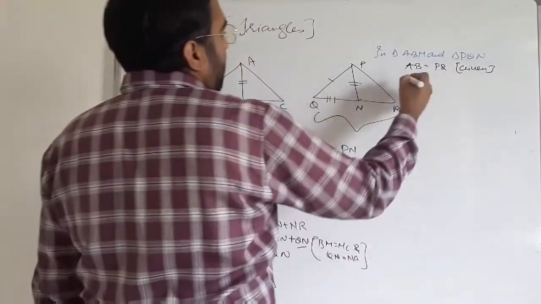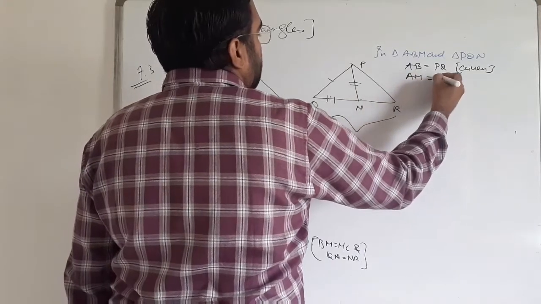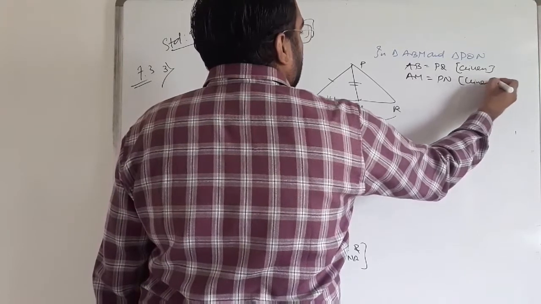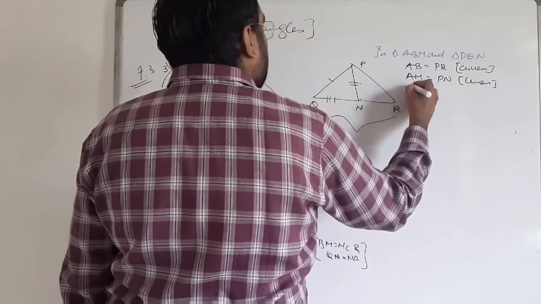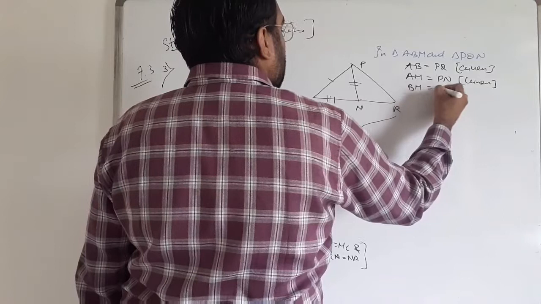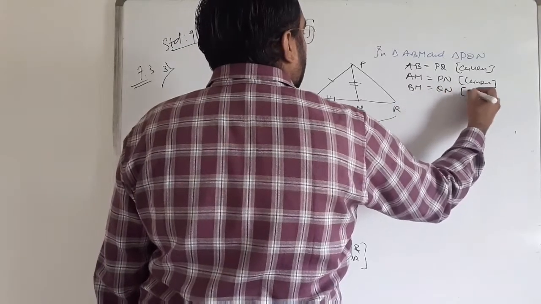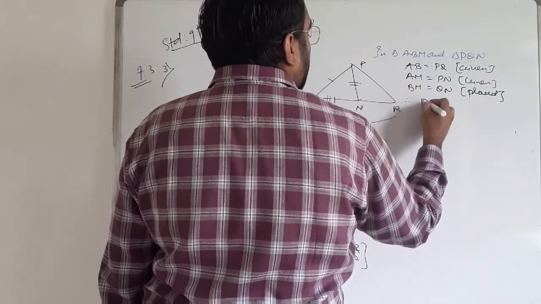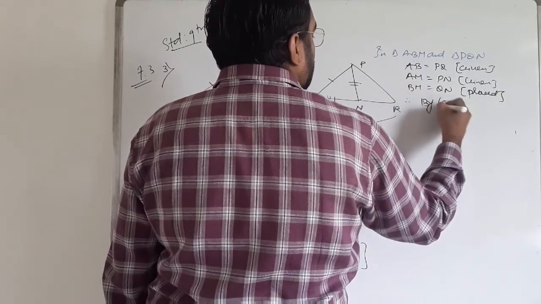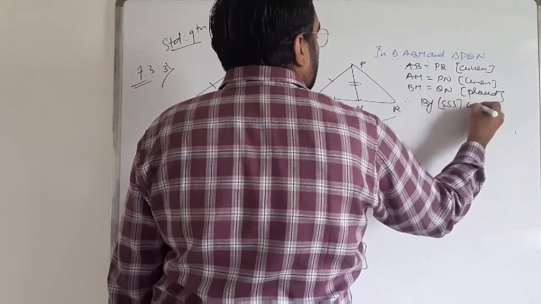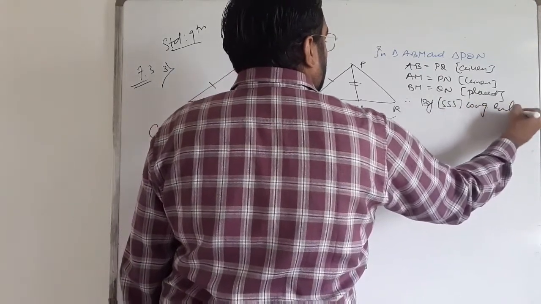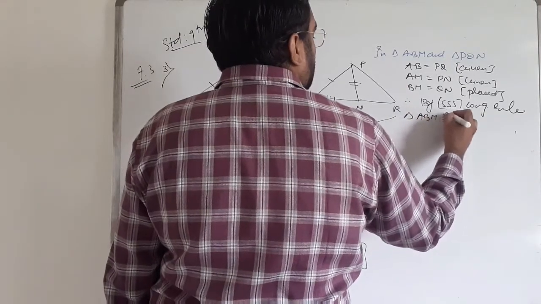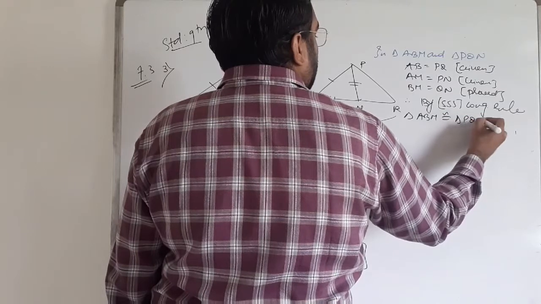Second thing, AM is equal to PN, that is also given, and BM is equal to QN, that is proved. Okay, so therefore by the SSS congruency rule, triangle ABM is congruent to triangle PQN.